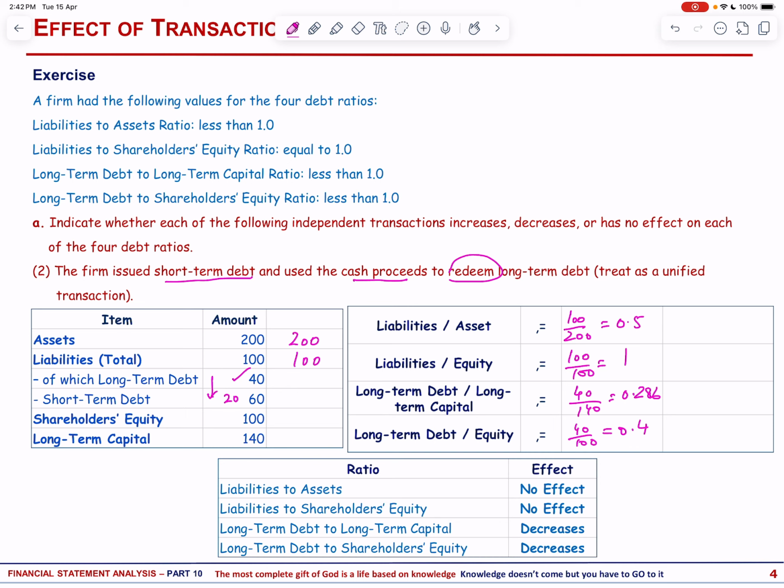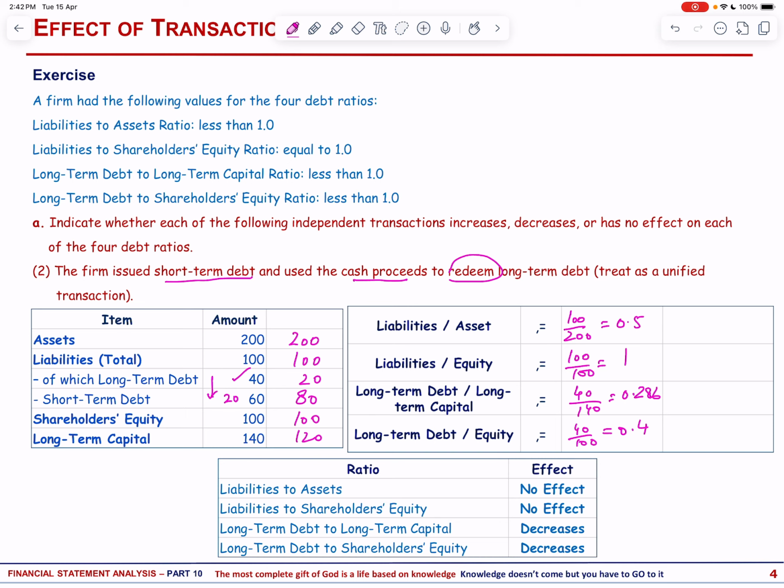The short term debt has increased from 60 to 80, while the long term debt has decreased from 40 to 20. Equity remains unchanged, and the long term capital now is going to be the long term debt of 20 plus equity, so that is going to be 120 now.